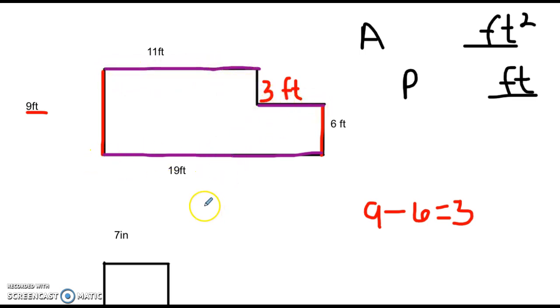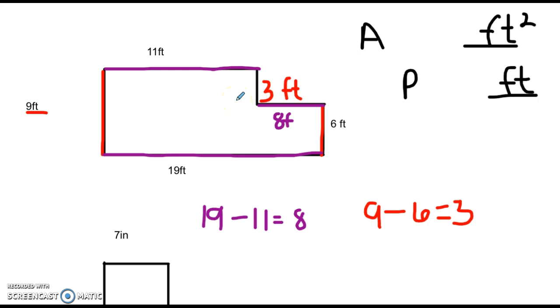So 11 plus something will give me 19, or 19 take away 11 will give me the length, and that would be 8. So I know that this part right here is 8 feet. So now that I know the missing part, I can find the area.